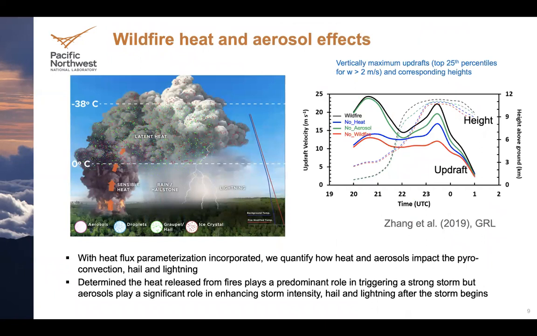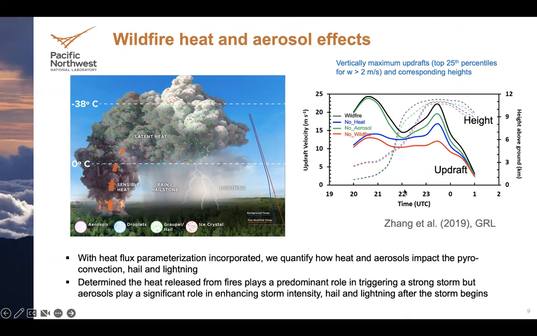But when we look in detail at the evolution of the convection, we find that the heat effect is playing a predominant role in triggering this strong storm, especially in the first 2 hours.